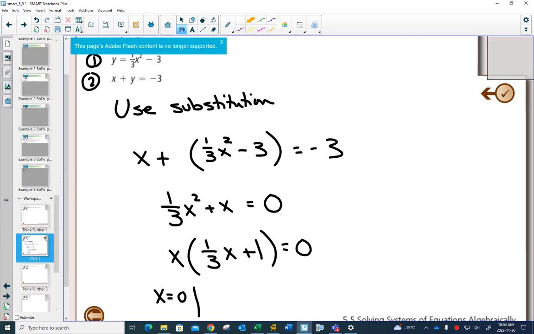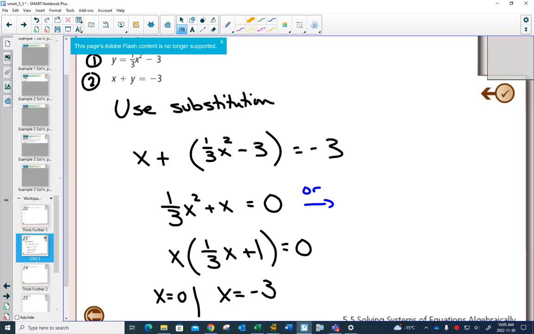This one's a little harder to solve. What value of x would make this bracket equal to 0? Can you see it? Can you do some mental math? Figure out what x value would make this whole thing equal to 0? Minus 3.